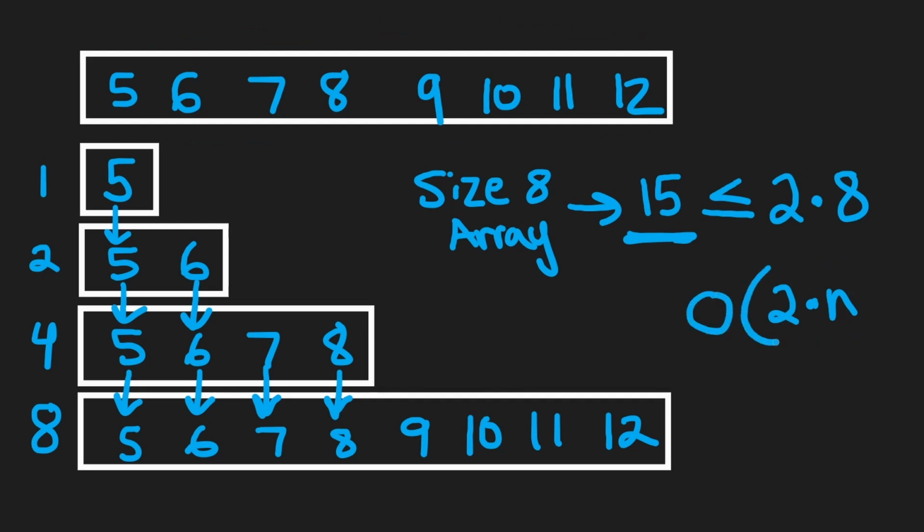So in big O terms, we would say it's 2 times n. But with big O notation, we never care about constants when they're multiplying a variable. In this case, 2 times n can be simplified to be big O of n. We don't really care about constant values, at least when they're used in multiplication or addition.